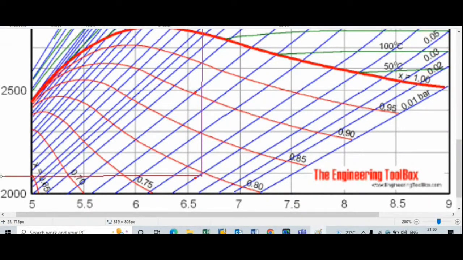So this is the horizontal line. If we observe here, we will draw the correct horizontal line, and here is the point of intersection.